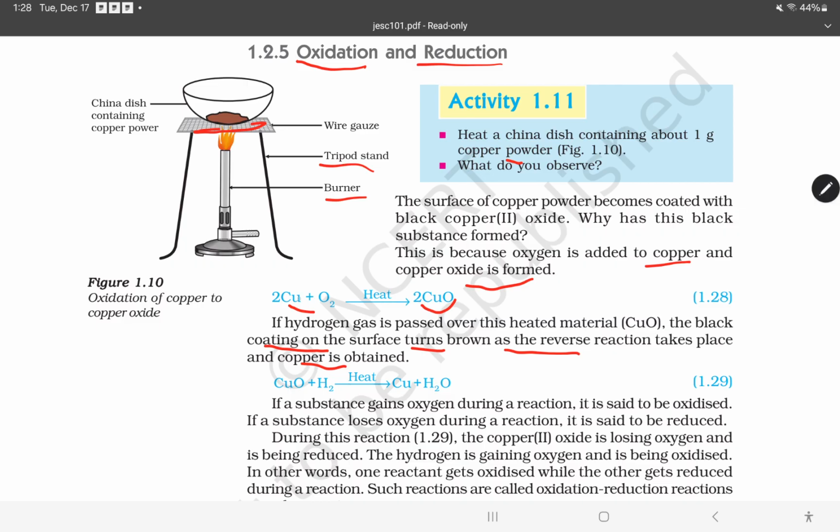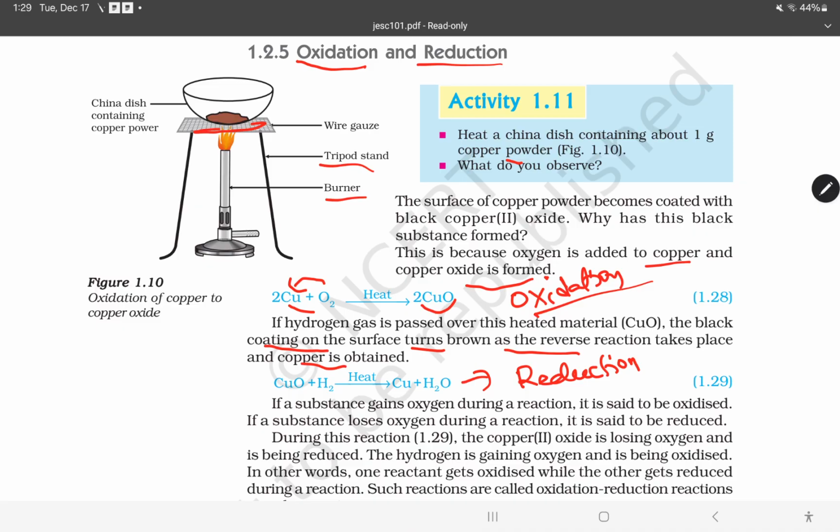So in this first equation, copper is getting oxidized, right? This is the oxidation process. And in this reaction, if copper oxide is kept and hydrogen combines with the copper oxide, copper is formed again and water is generated, and this is known as reduction.